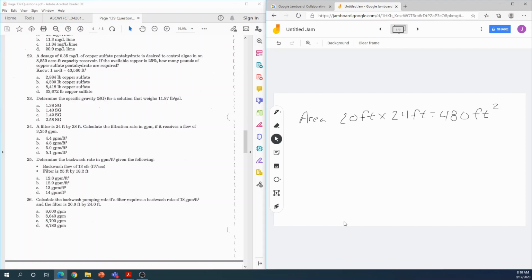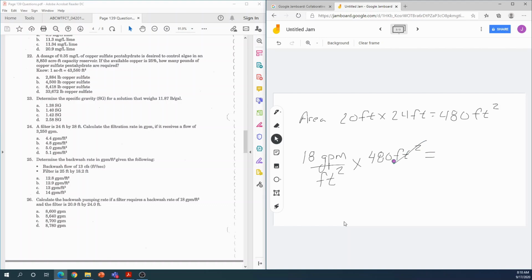So we know that a backwash rate is 18 gallons per minute per square foot. And we know that our filter area is 480 square feet.